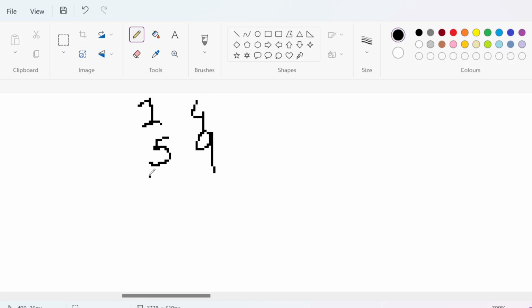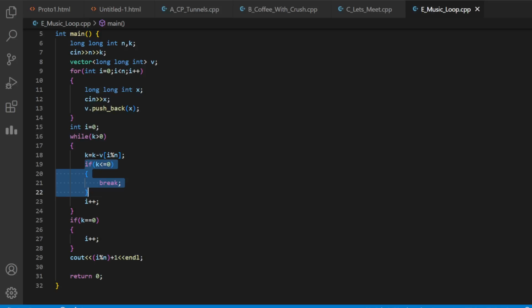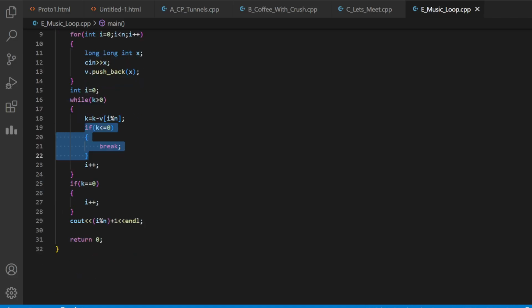The break will end during the first song, right? We don't have any other option. So if we did not add this if statement, then this i plus plus increment would also have been done, because until it reaches here, it would not break. So we broke the while loop here only to avoid any discrepancies.